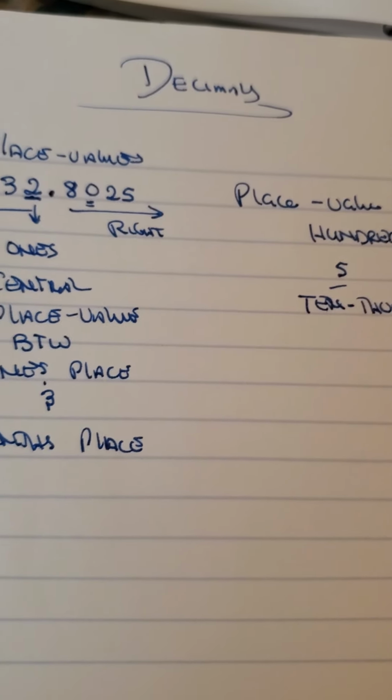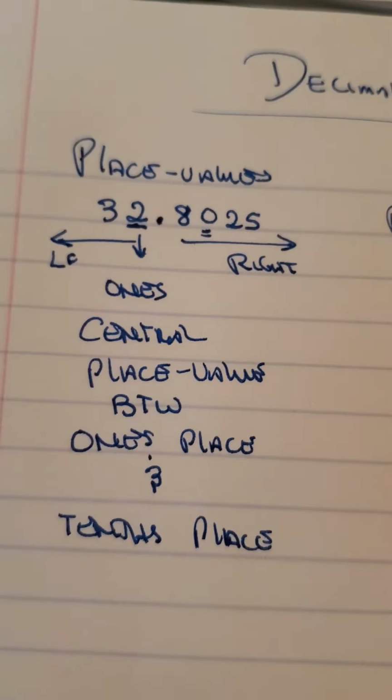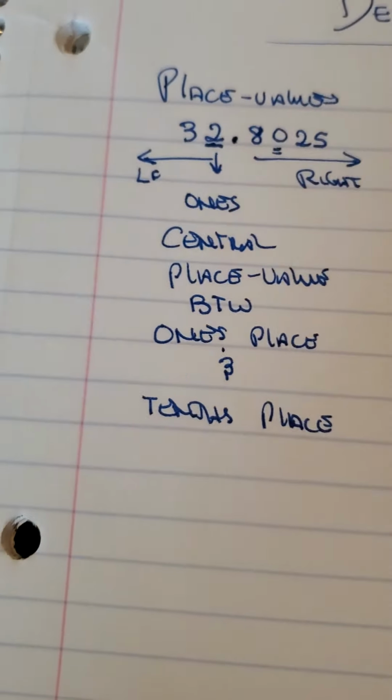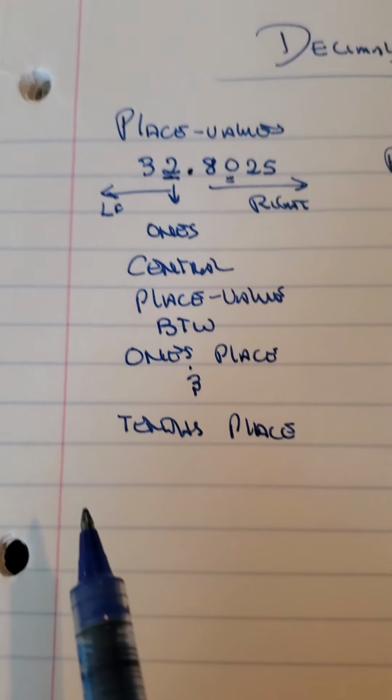Now, what if I want you to write 32.8025 in words? Remember how I said we treat them? This is in standard form, and now I want it in words.